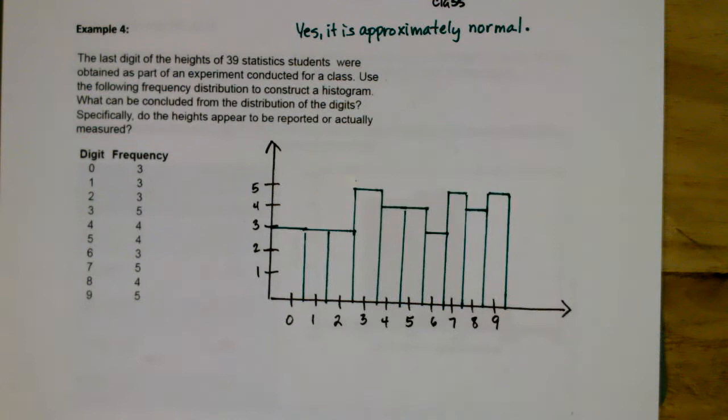Now, they do ask the question specifically: what can be concluded from the distribution of the digits? And specifically, do the heights appear to be reported or actually measured?